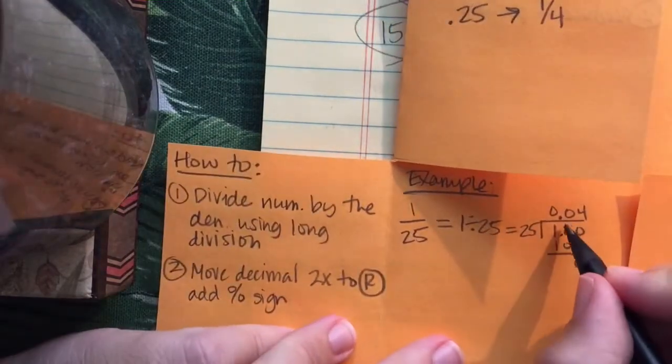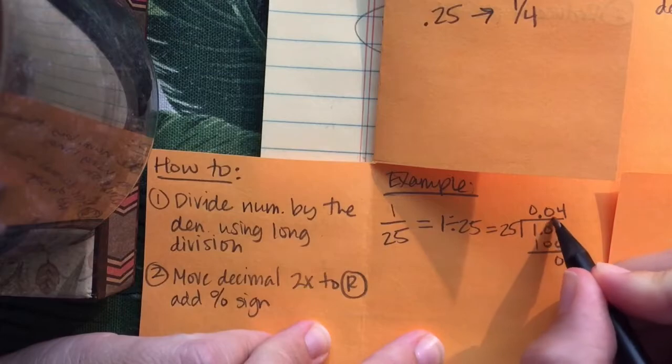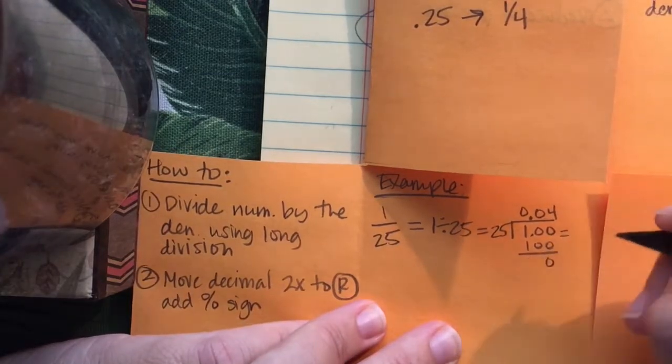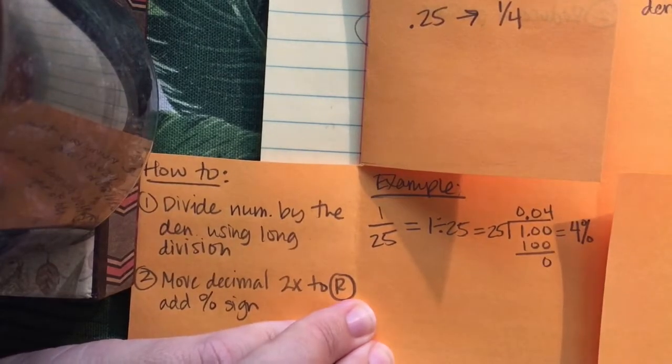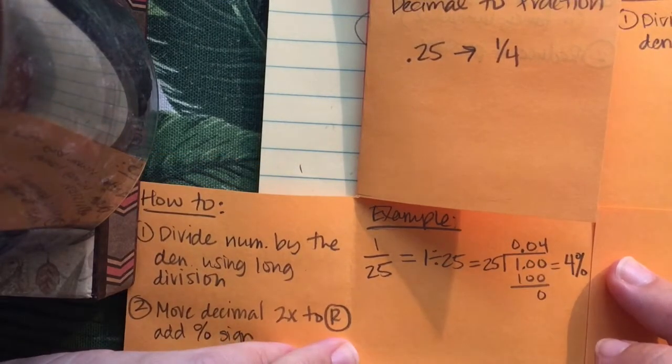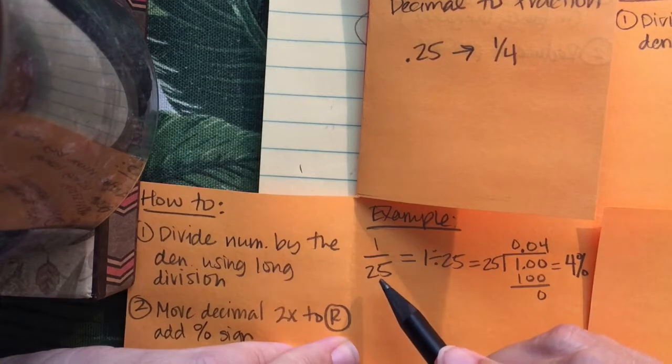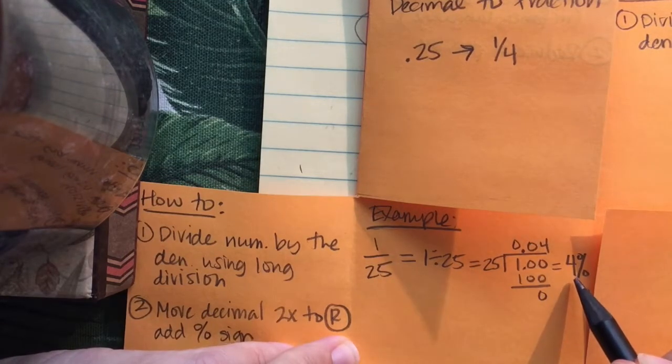So move decimal 2 times to the right, that would be 1, 2, so this would be 4%. All right, so 1/25 is the same thing as 4%.